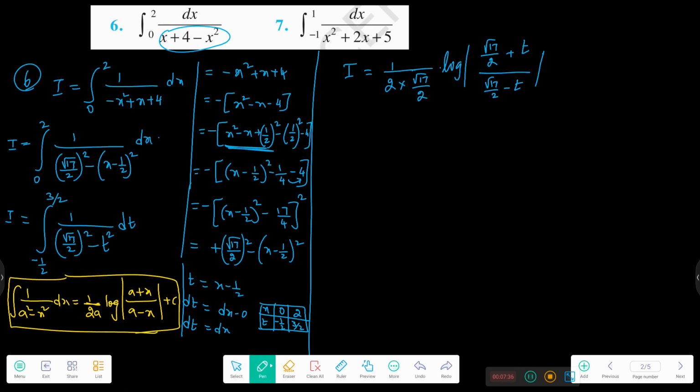What is the limit, Raja? The limit we have is minus 1 by 2 to plus 3 by 2. Lower limit, upper limit I have applied. And here 2 cancel.